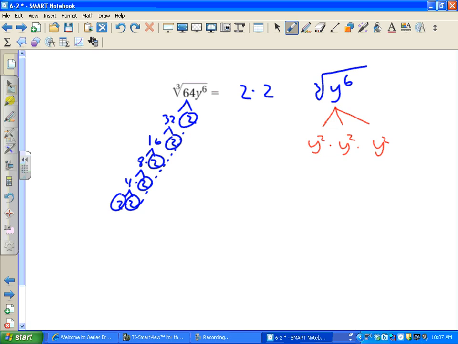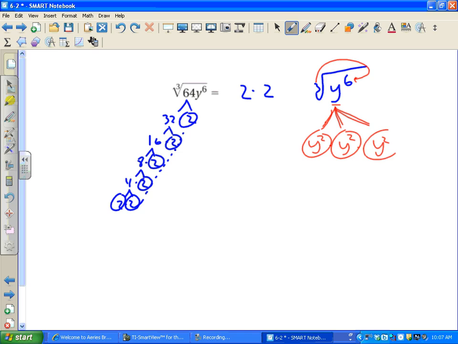A very helpful thing when we're looking at the variables here is this. 3 goes into 6 how many times? Hopefully you said 2. That means I can break that into y squared times y squared times y squared. Again, 3 goes into 6 twice. That's how I'm going to factor tree that.